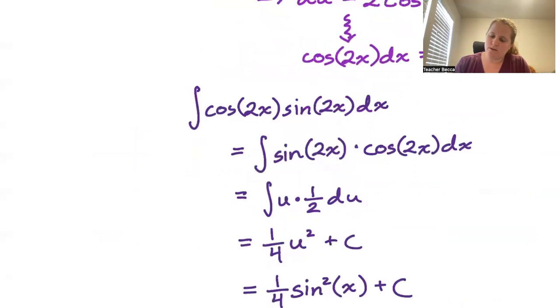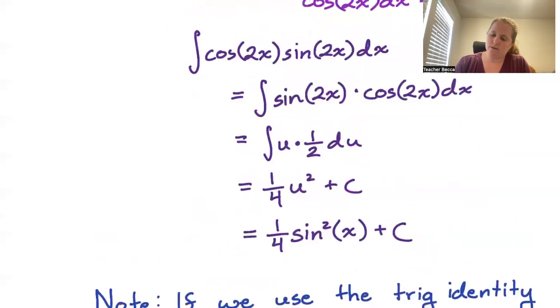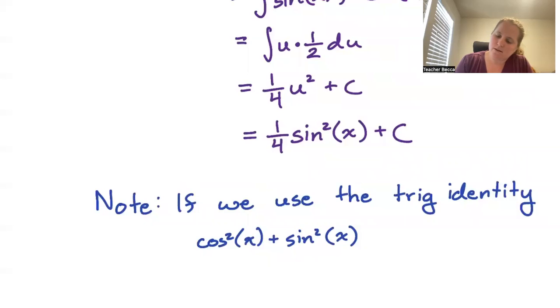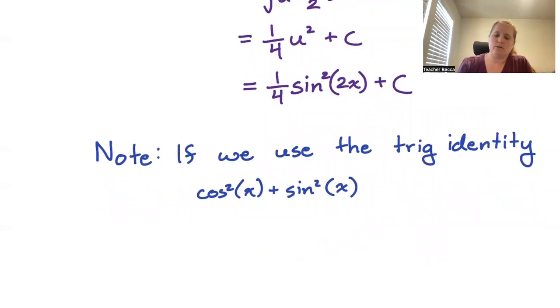Oh, sorry, this should have been sine squared of 2x, not sine squared of x, because our u was sine of 2x. So we have 1/4 sine squared of 2x plus c. And again, note if we use the trig identity, cosine squared plus sine squared equals 1, we can get these two versions of the integral to be equivalent.